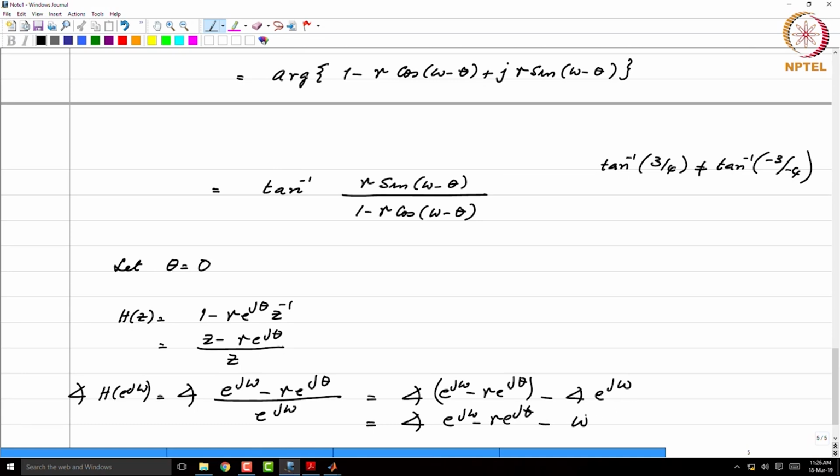And this is nothing but ω, because the angle of e^{jω} is just ω.